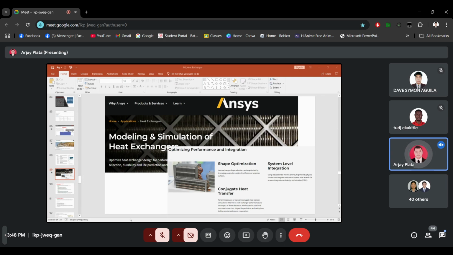I think there's an interface, or a way where we can import 3D models to ANSYS. So you can use other software like SolidWorks, create a 3D model there, and then import that model to ANSYS.